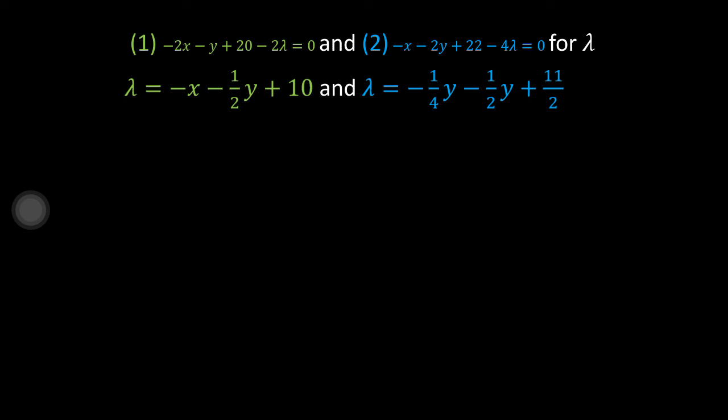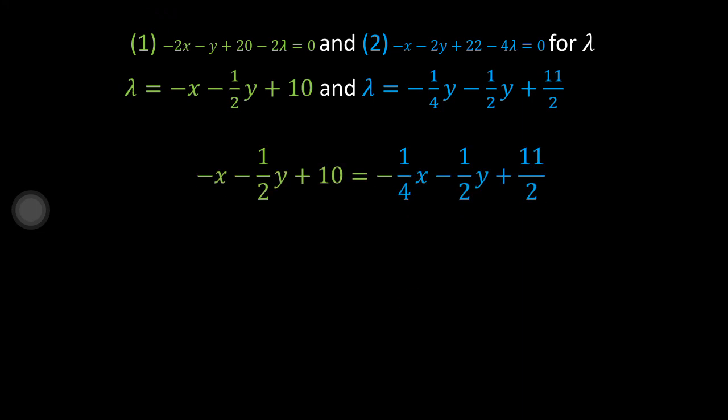Same with equation 2. Divide natin yung positive 4, kasi negative 4 lambda nilipat natin sa kabila, magiging positive 4 lambda. Divide both sides by 4, magiging lambda is equal to negative 1/4 x minus 1 half y plus 11 over 2.